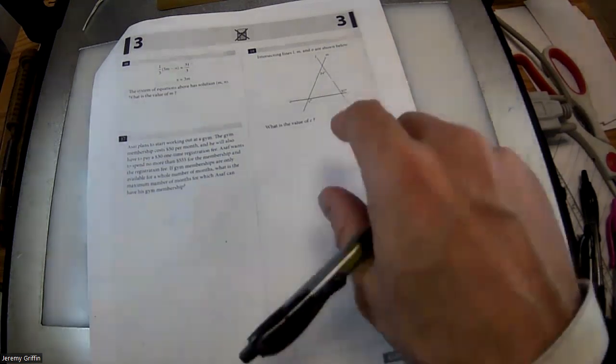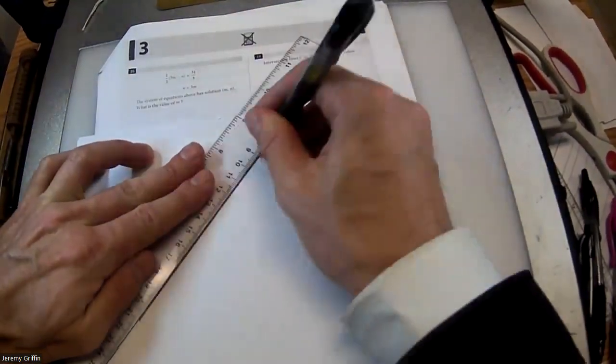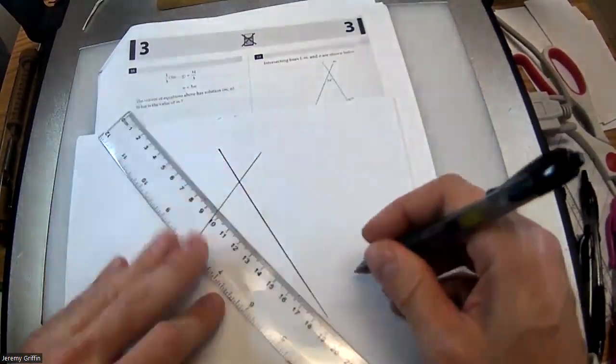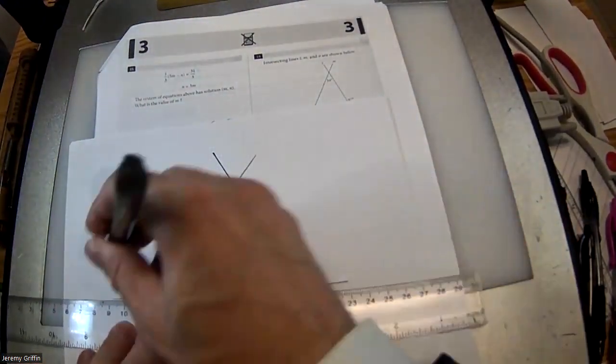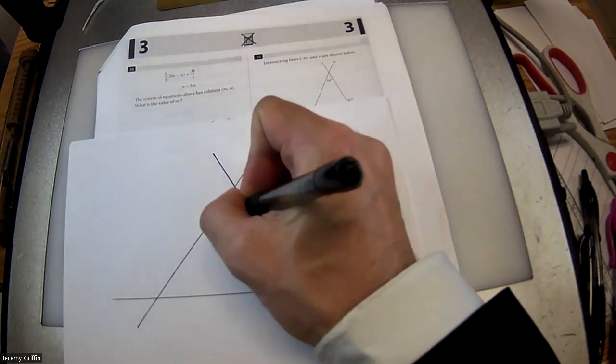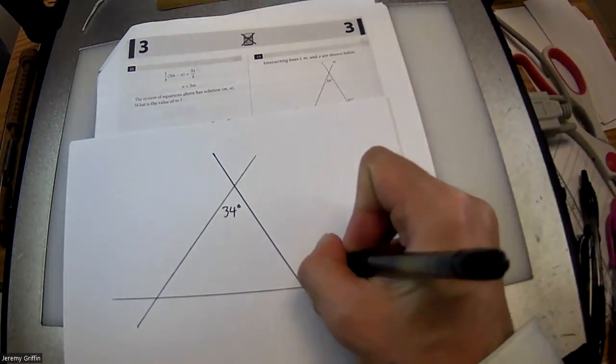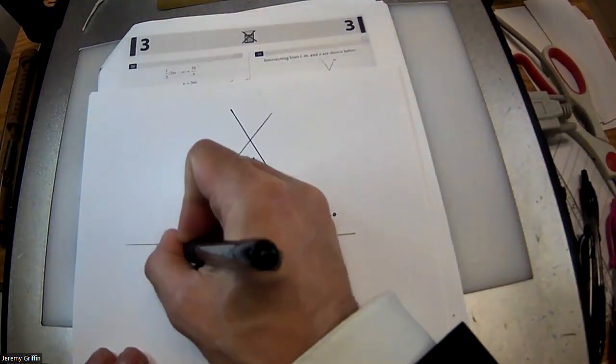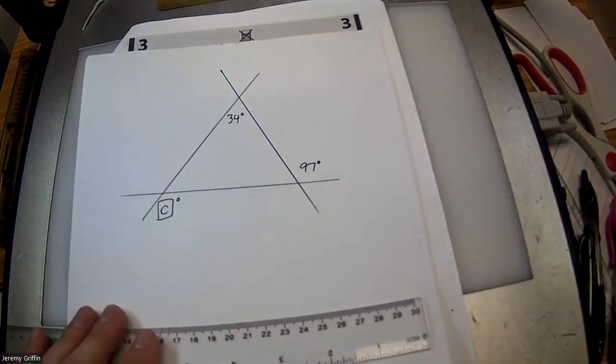Okay. Number 18, these intersecting lines. What's the value of this angle right here, C? So, right, we got 34 degrees here. We got 97 degrees here. We got C degrees here. Okay.